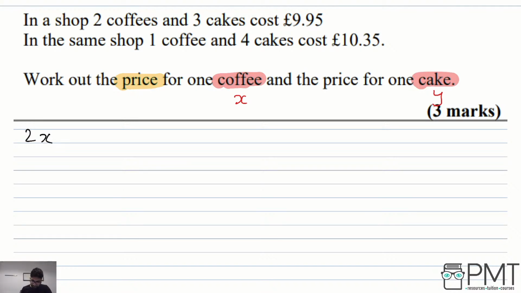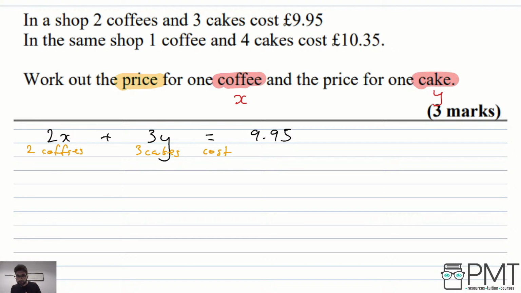Two coffees is 2x, and then a plus, 3 cakes is 3y. That's 9.95. So the translation here is 2x, 2 coffees, 3 cakes, and this is what it costs. So I'm changing the sentence into an equation. So that's my first equation.